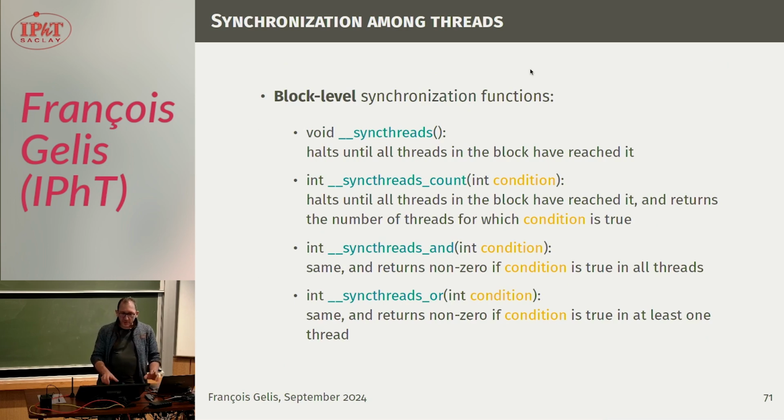There are several variants of this function. So the basic one is the one I described, sync threads. It halts until all the threads in the block have reached it. There are 3 more, at least, which perform additional things.